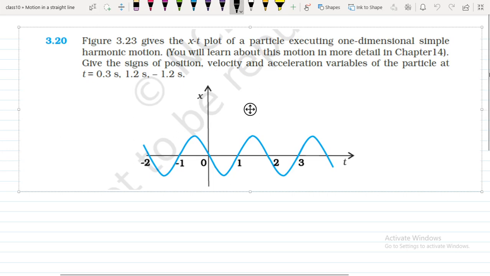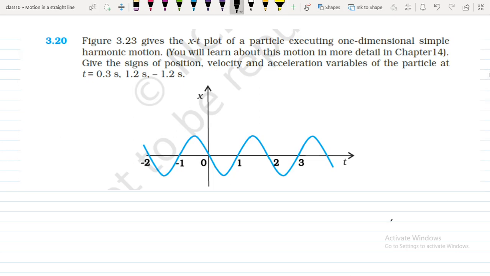So from the graph, I take different locations. Suppose I take t equal to 0.3 second here in the graph. At 0.3 second, what is the sign of position, and what is the sign of velocity and acceleration?